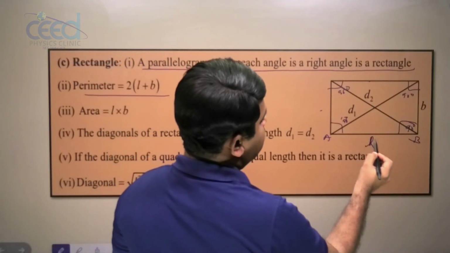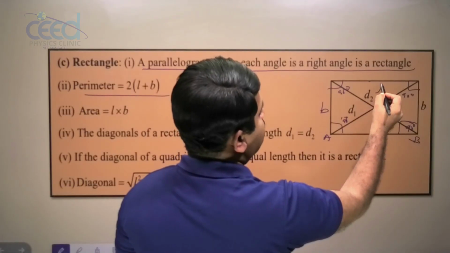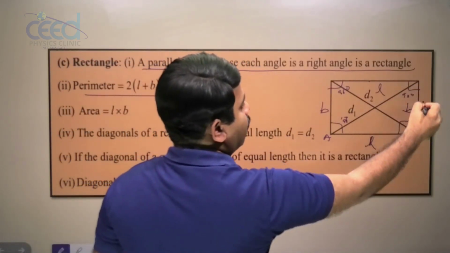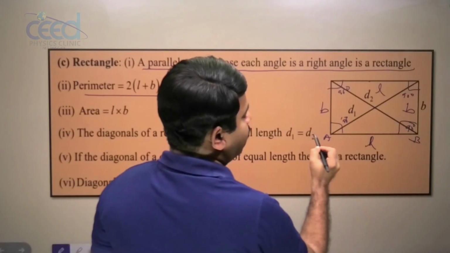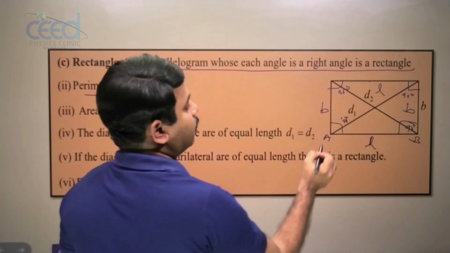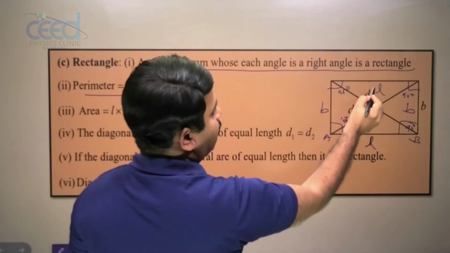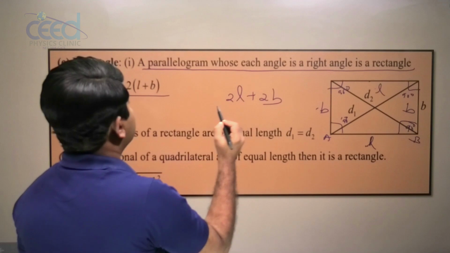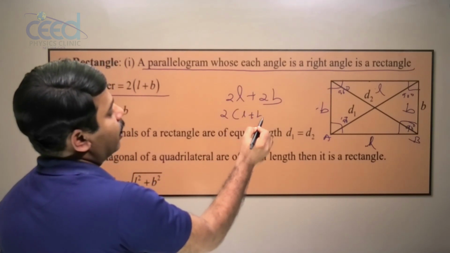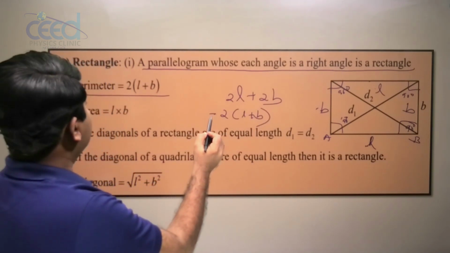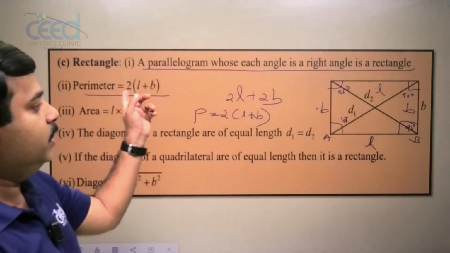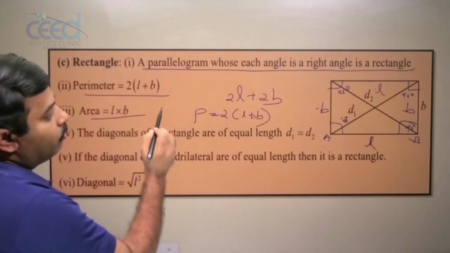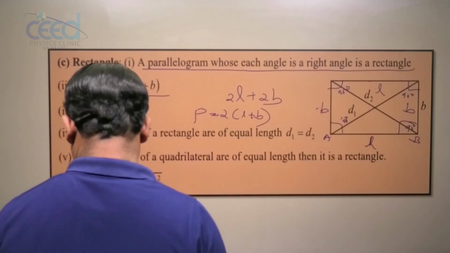Perimeter: if this is length L and this is breadth B, then the opposite sides are also L and B. The total sum is L plus L, 2L, and B plus B, 2B. So 2 into L plus B is the perimeter of this rectangle.